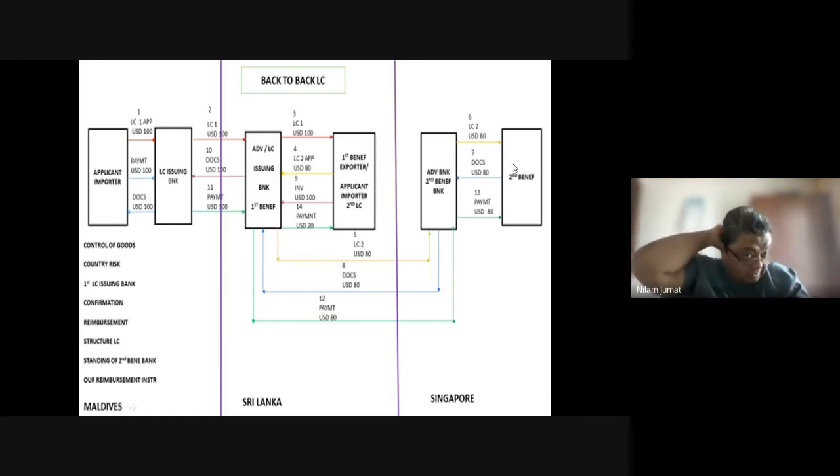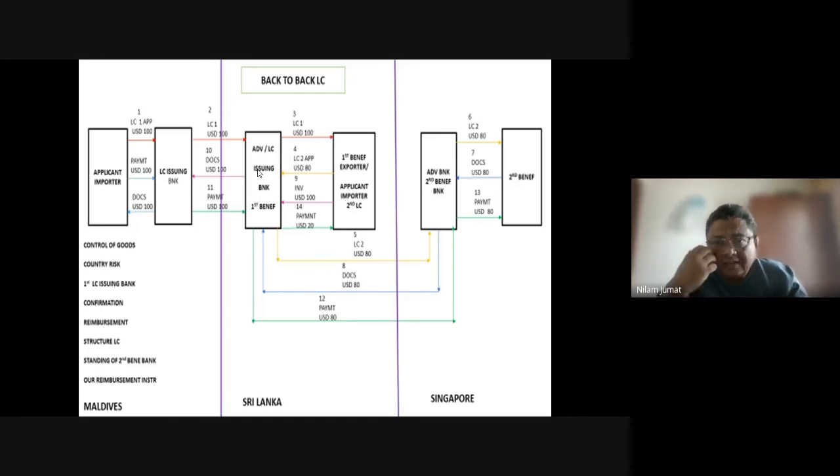So now if Ching ships and sends the documents for $80 to People's Bank, People's Bank cannot say that I will pay you when I get the money under the LC of Maldives, because Ching knows it's not transferred.